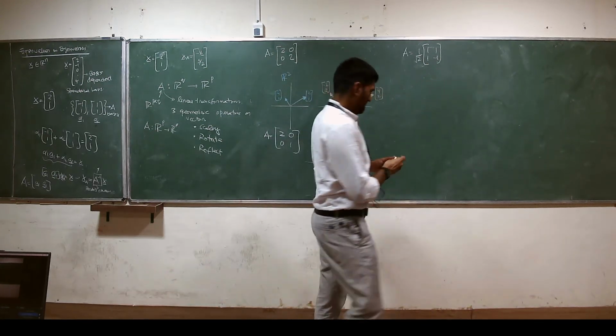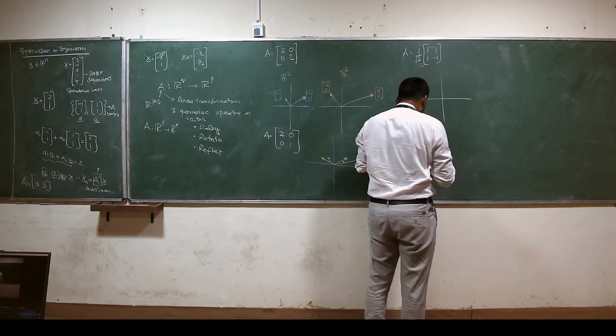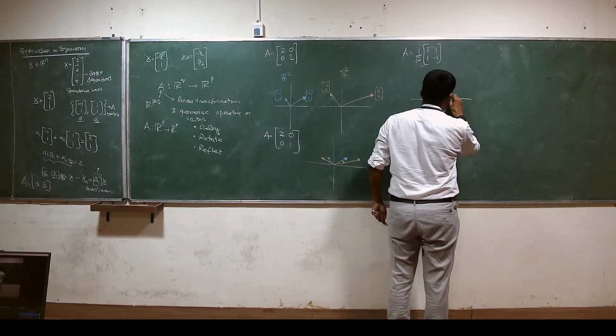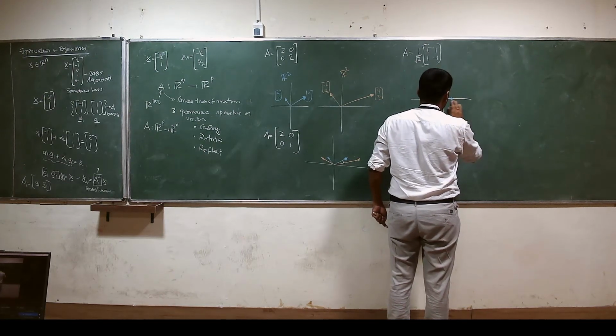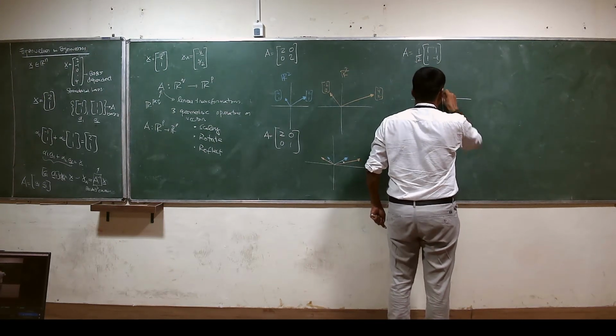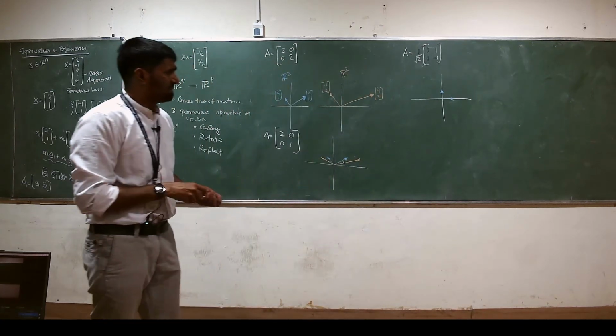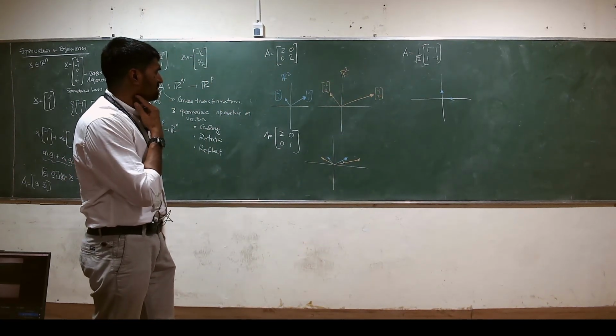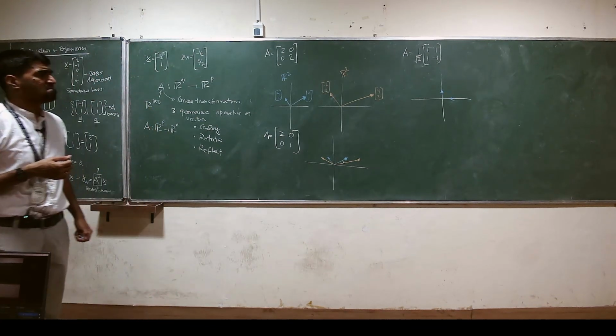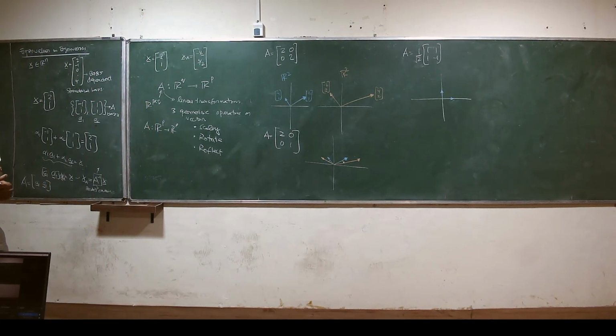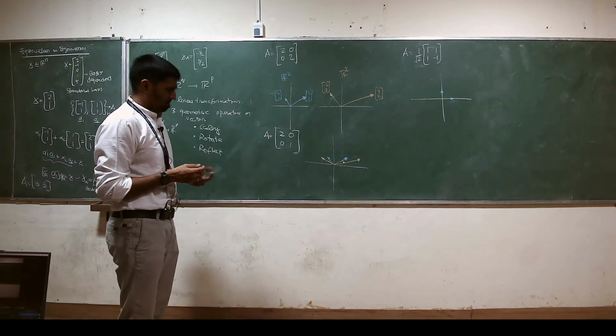What will happen if you multiply, if the two vectors were E1 and E2? So this is E1. This is easy, no?